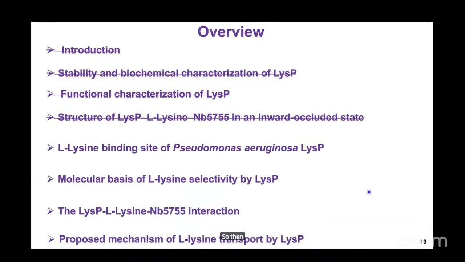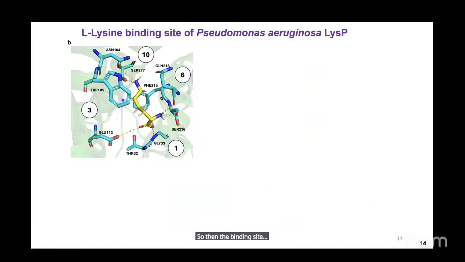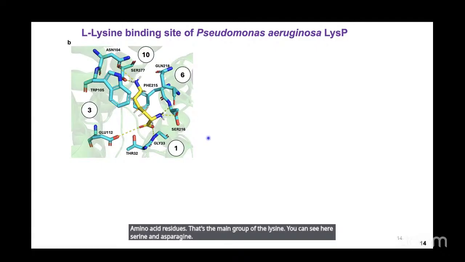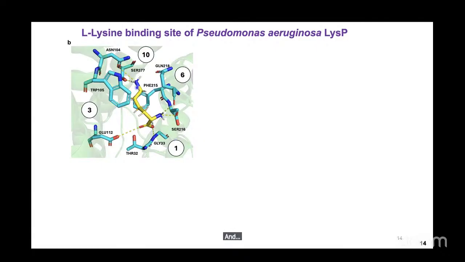So then the binding site. The lysine makes contact mostly with polar uncharged amino acid residues. That's the amine group of the lysine. You can see here serine and asparagine. And it forms a cation-pi interaction between tryptophan 105 and the amine group of lysine.